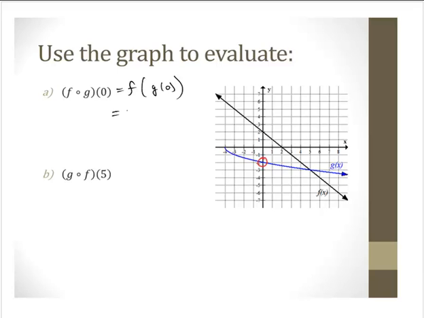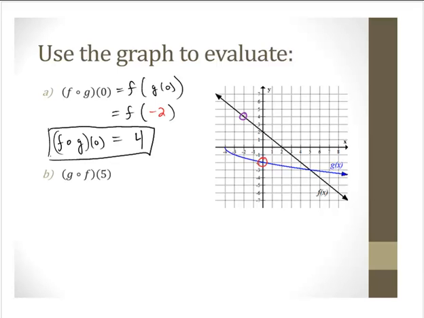So then this would become f of negative 2. f of negative 2 is 4, and so this would be 4. So given those functions, f composed g of 0 is 4.